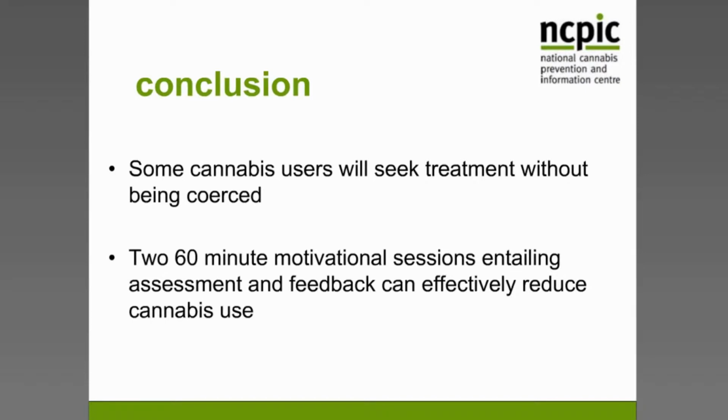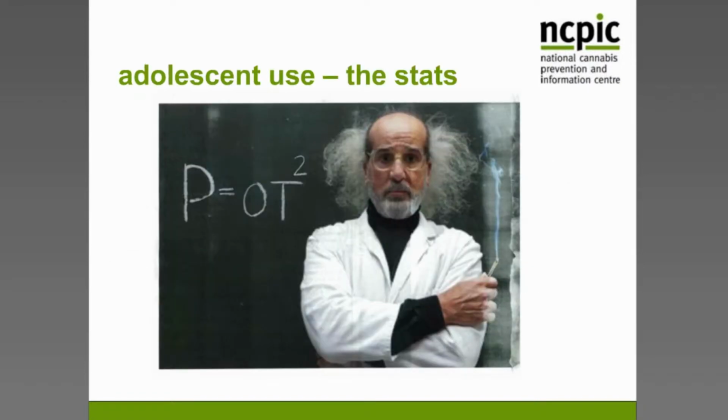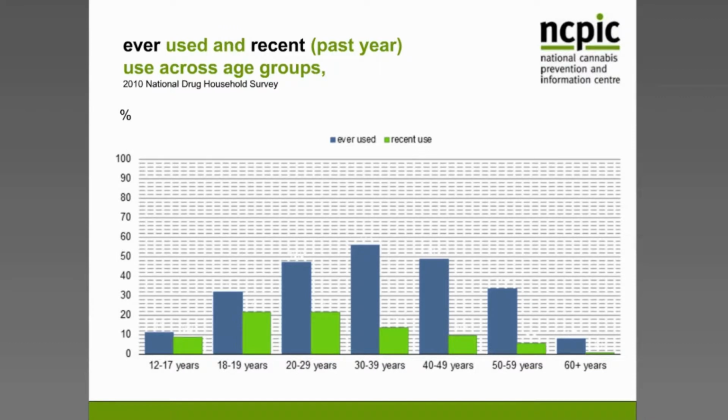Just to give you some stats on young people before we get to the ACCU that I think is important to look at, and this came out of the last national household survey done in 2010, and I believe there's one in 2013 that will be available in December. I'm not sure, but I think they pretty much look the same.